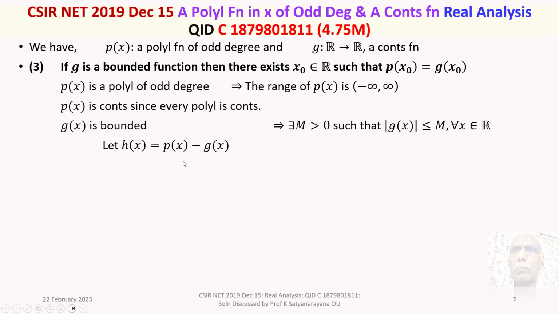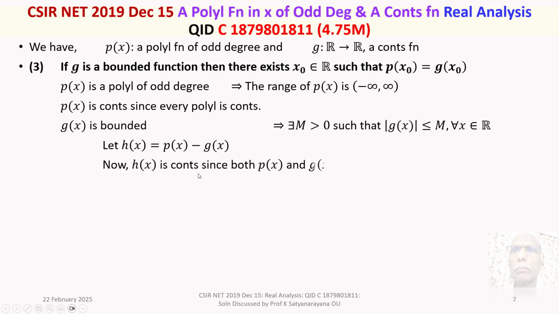The range of p of x is minus infinity to plus infinity, and g of x is bounded between minus M to plus M. What is the range of h of x? The range of h of x is the range of p of x because g of x is bounded.